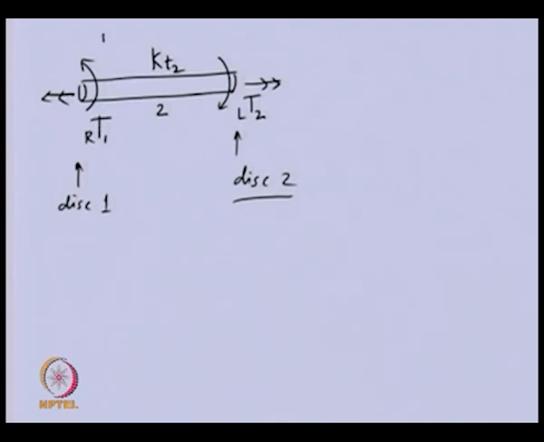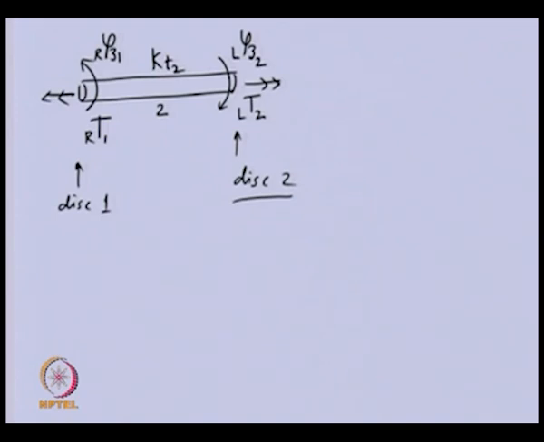Here we will have displacement of disk 1, that is right side, and here displacement of disk 2, left side. Our aim here is to relate the field variable in the left side to the right side, so that we have a similar expression as we had for the disk case.